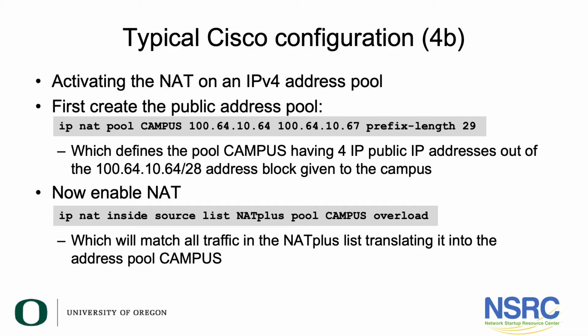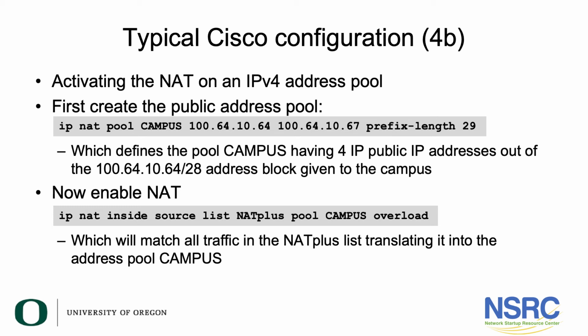Now, we could make this slightly better and activate NAT on an IP address pool. So first you have to create the address pool, ip nat pool campus. We've just called it campus, and you give it a range of IP addresses, and then you tell it the prefix length of the address range it came out of.